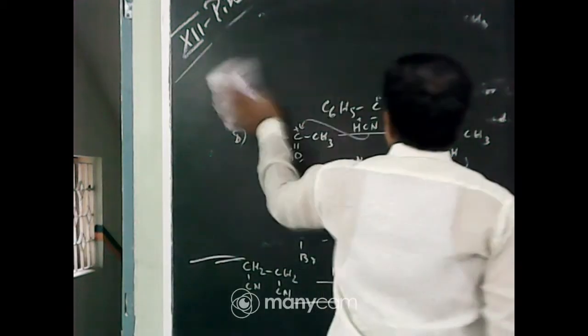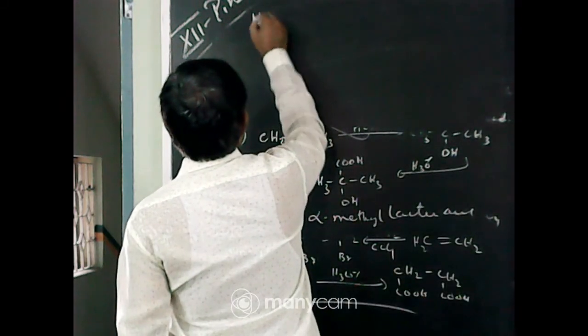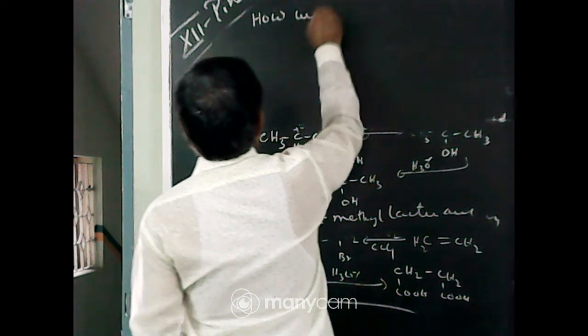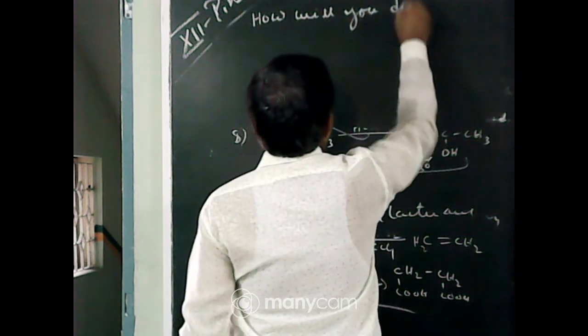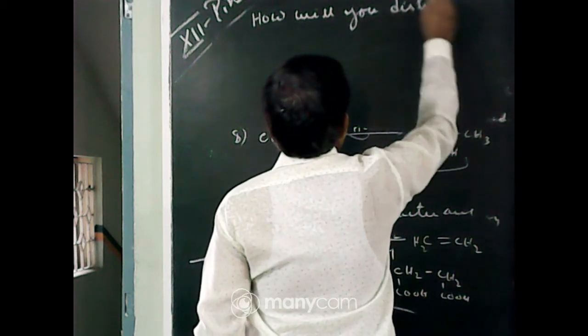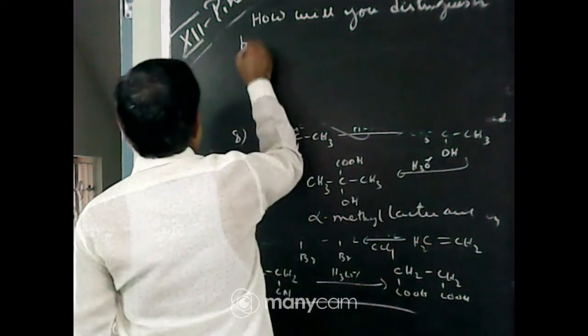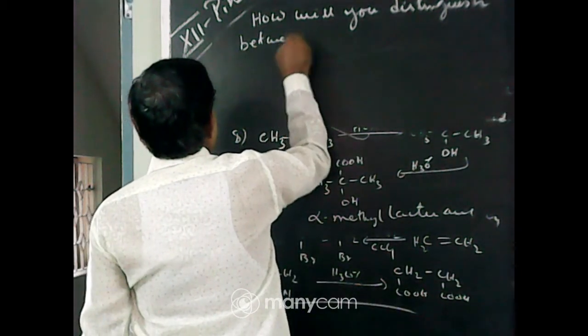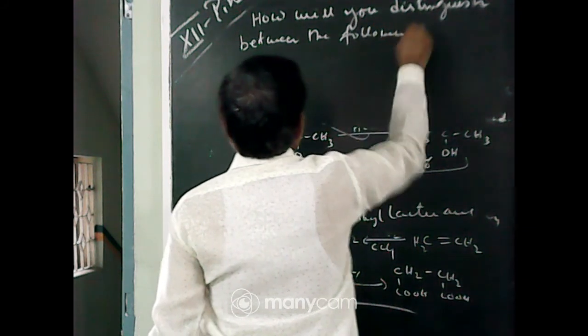Now another type of question, write: how will you chemically distinguish between the following pairs?